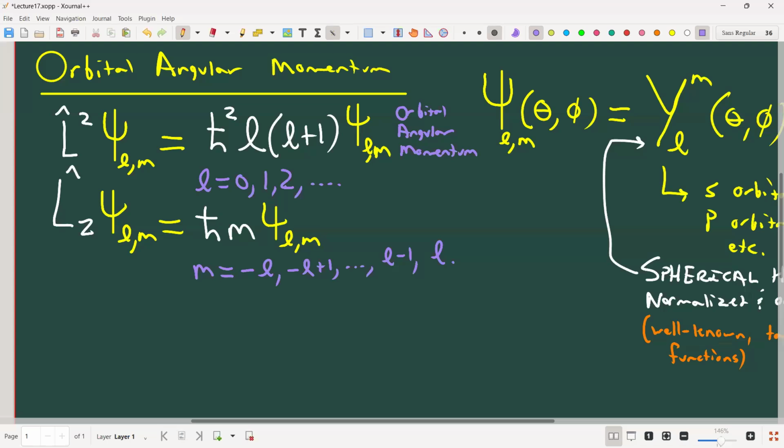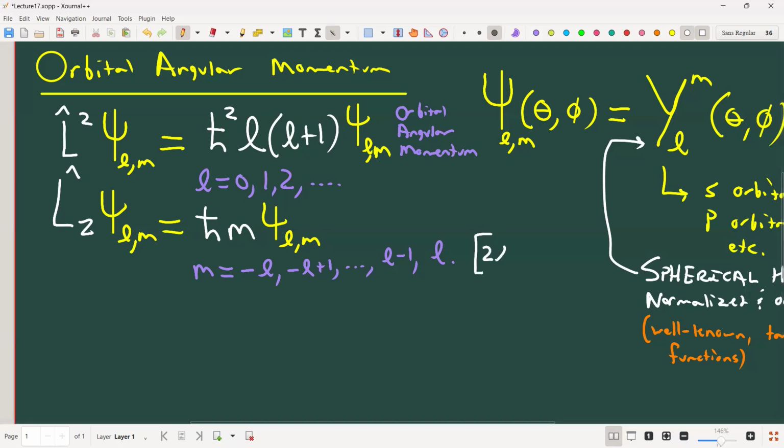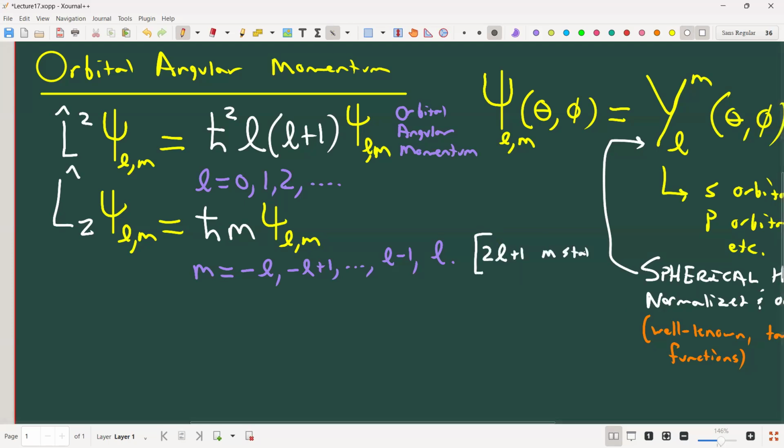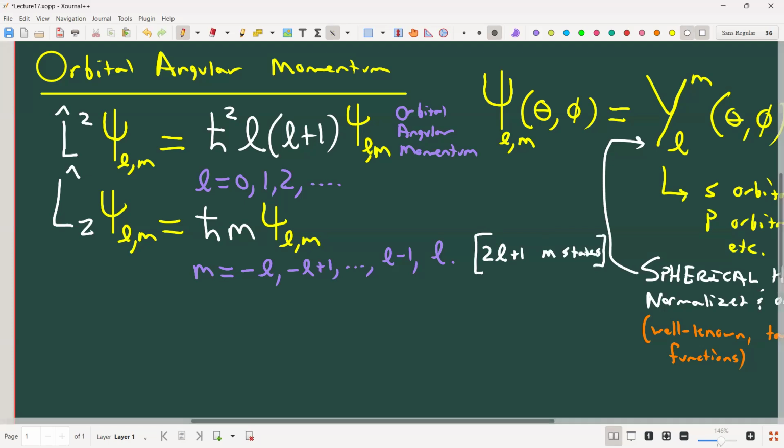So what this basically means, if you think about it a little bit, is there are 2L plus 1 states. When L is some number, you have 2L plus 1 different possible orbitals or different orientation stable orbits. So L squared specifies the total angular momentum of your electron's orbit. And LZ tells you about one of the 2L plus 1 stable orbits the electron can have with that fixed amount of energy.